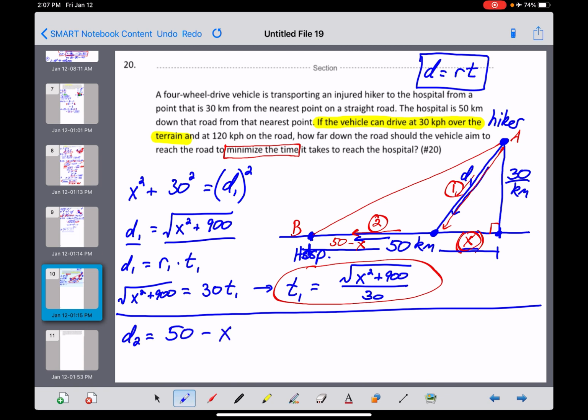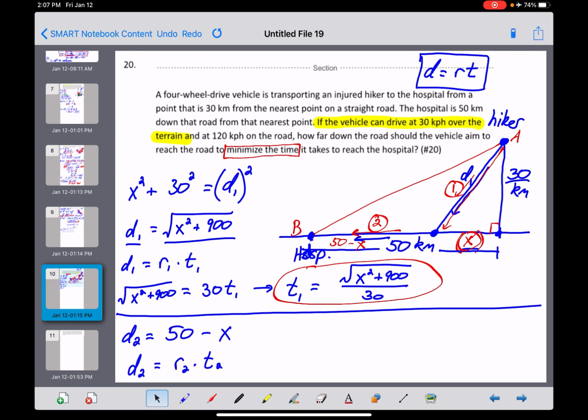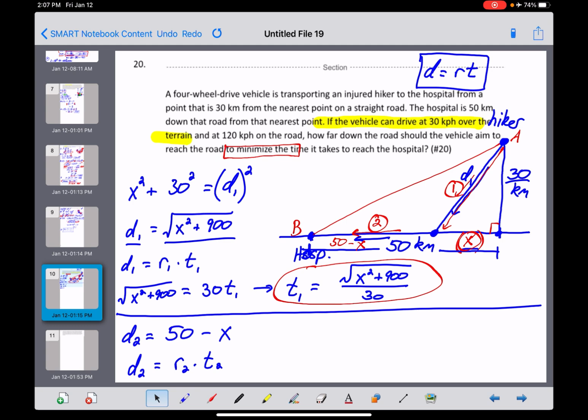But again now, just like I did on the previous problem, we're going to use distance equals rate times time to solve this thing for t. So d2 is equal to rate 2 times time 2. And d2, we just came up with, is 50 minus x, equals rate 2. That's the rate at which the vehicle can drive on the road here.